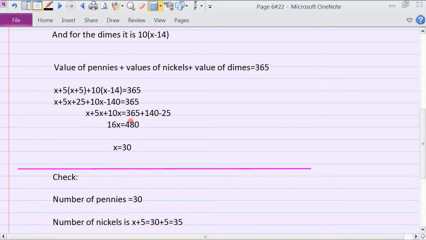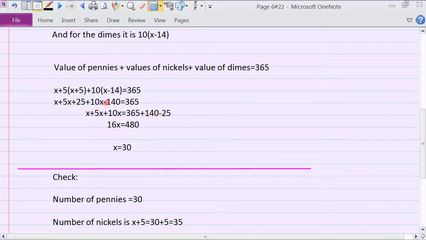I get 365. Now what I'm going to do is keep the variable terms on the left. X, 5x, and 10x are on the left. And I'm going to remove the 25 and the minus 140 to the right, and they will change sign. So these two terms here are moved from the left to the right.